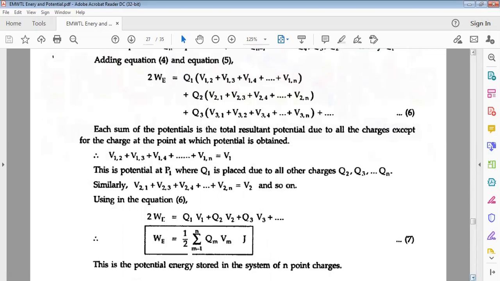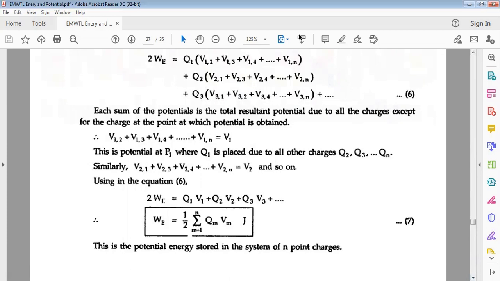Let us rewrite this expression. 2WE is equal to Q1 V1, Q2 V2, and Q3 V3, as a sum taking the values 1, 2, 3, and so on, with increasing value. M is equal to 1, 2, up to N values, QM and VM. So when M is equal to 1, Q1 V1, when M is equal to 2, Q2 V2, and so on, when M is equal to N, QN VN.